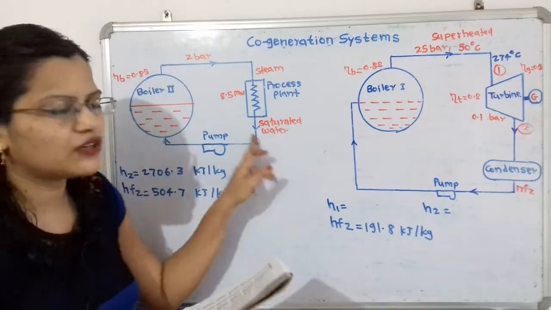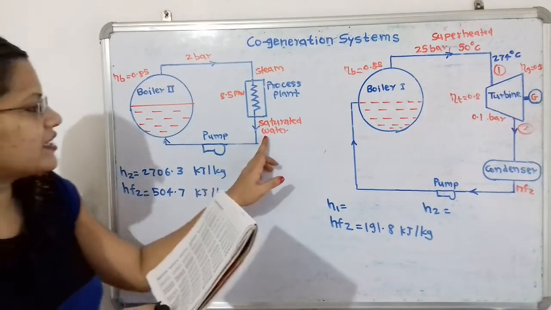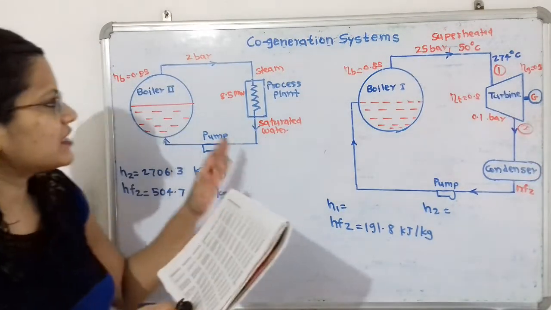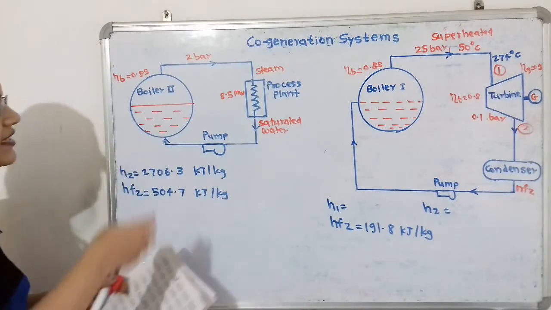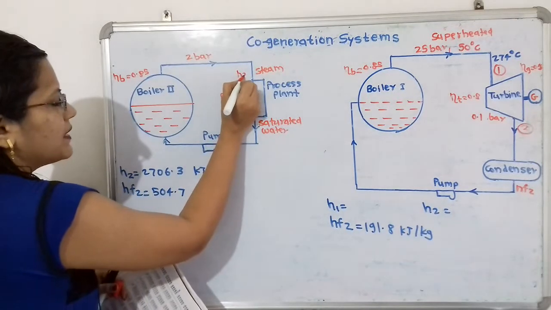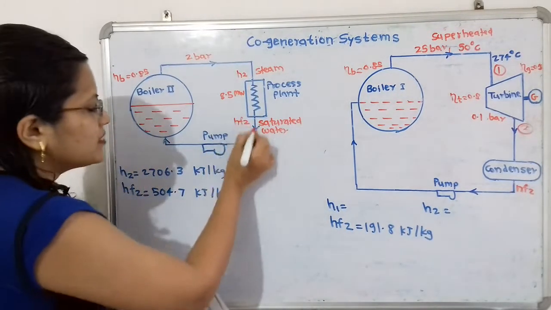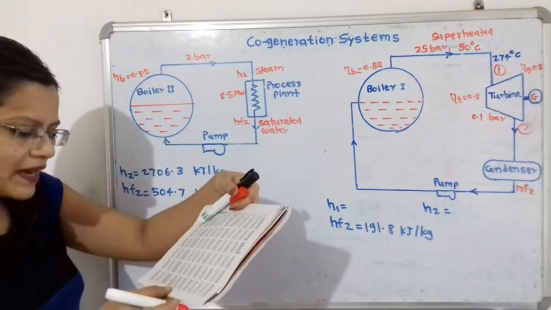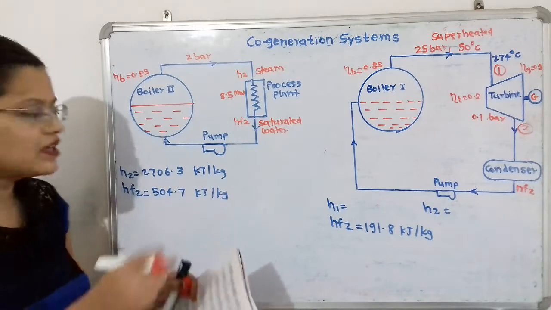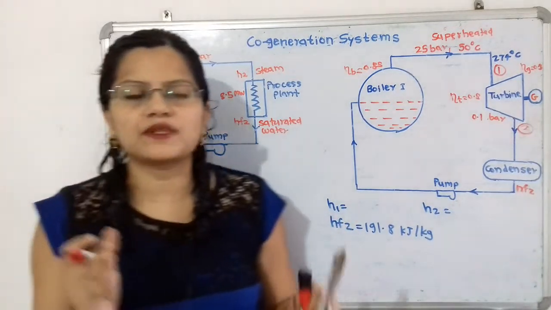So saturated water means we refer to HF. This HF we will consider as HF2. At the inlet we consider the enthalpy H2 and here HF2. This HF2 for saturated water, that is the HF value at 2 bar, is 504.7 kilojoule per kilogram. So we have to write all these values from the steam table.